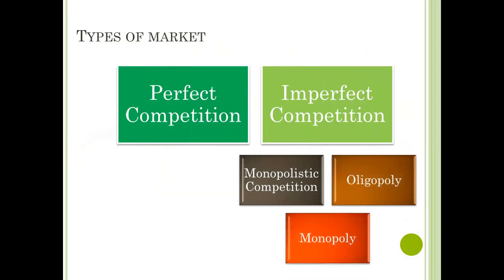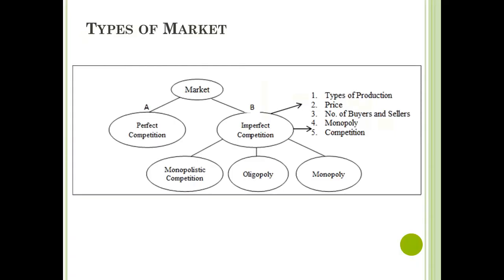Under perfect competition and imperfect competition, we have the types of production, price, number of buyers and sellers, monopoly, and competition. Let's first discuss perfect competition. These are the types of market. In your handouts or PDF files, you may see a diagram or a figure that shows the types of market. For perfect competition, these are the assumptions.